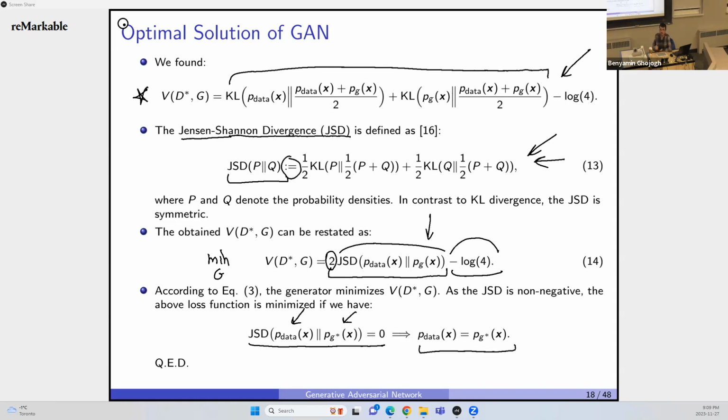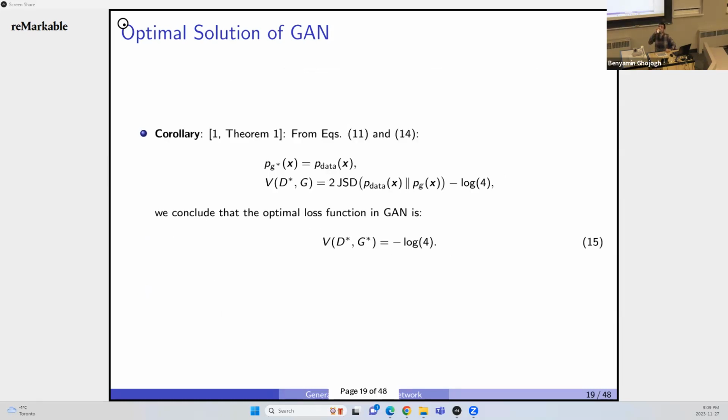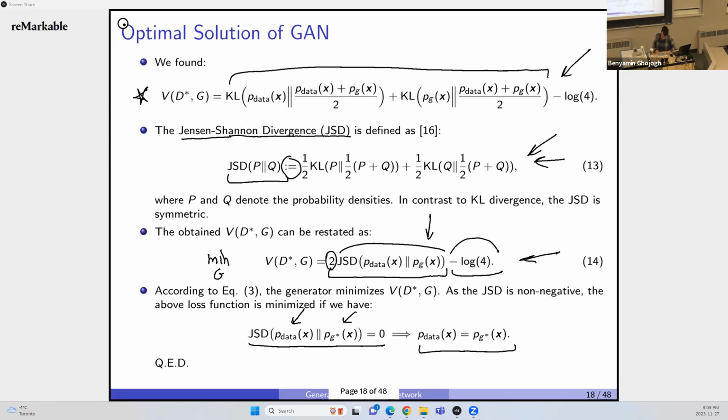So we just proved that. Corollary. This is what we found in the previous theorem, also equation 14. This is what we just derived, right?